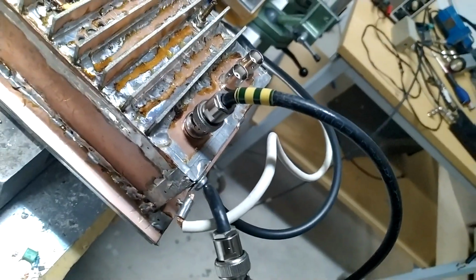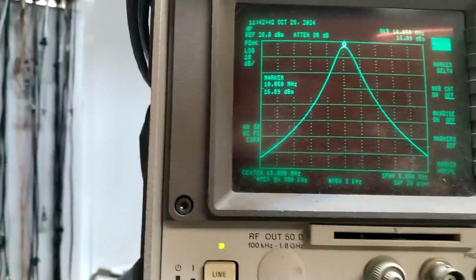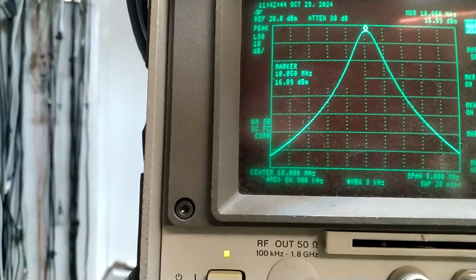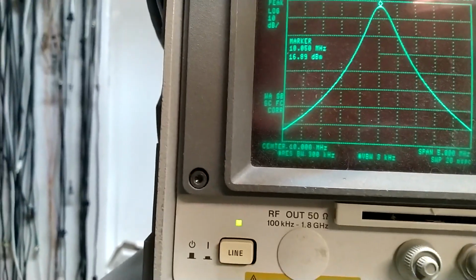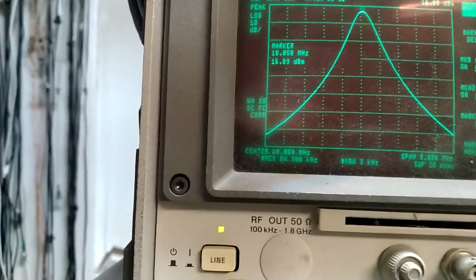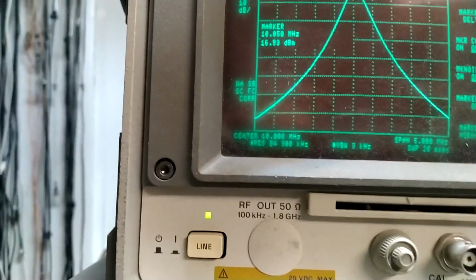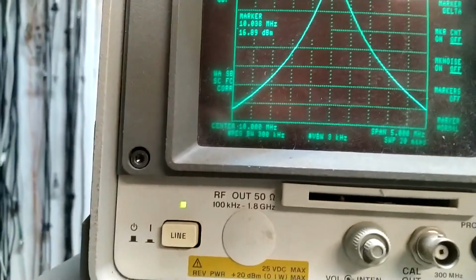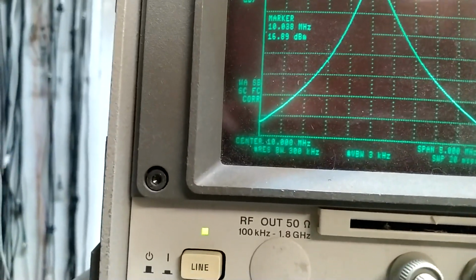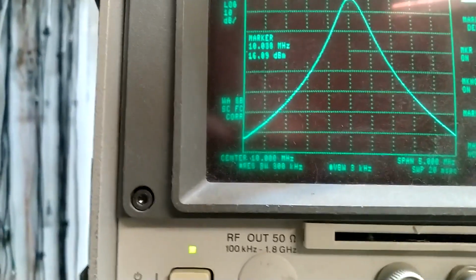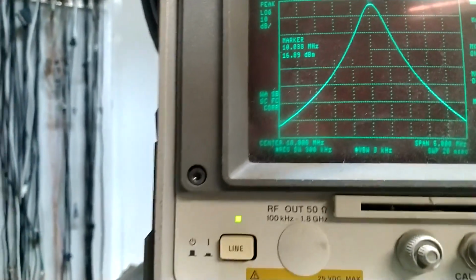And I move the cable to the oscillator. And then I see that the level is 16.89 or maybe 16.90. It moves a little up and down. Peak search marker. Well, 16.89. And of course the last decimal isn't important.